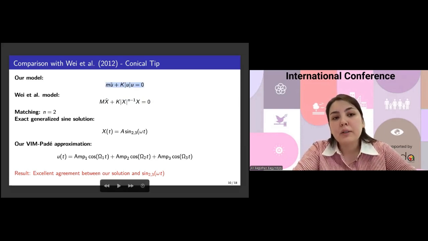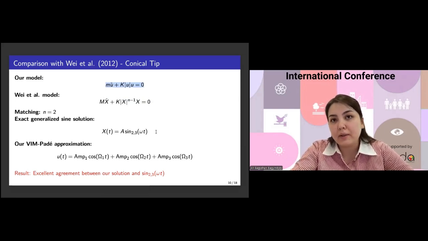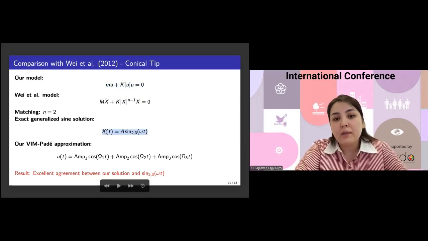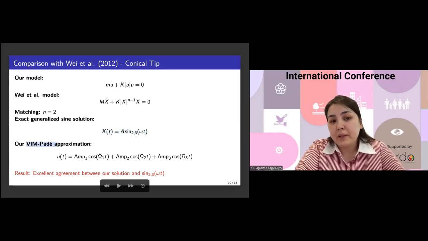In our case n is equal to this, and here is the exact solution. So the exact generalized sine solution looks like this, and our VIM Pade approximation solution looks like this.